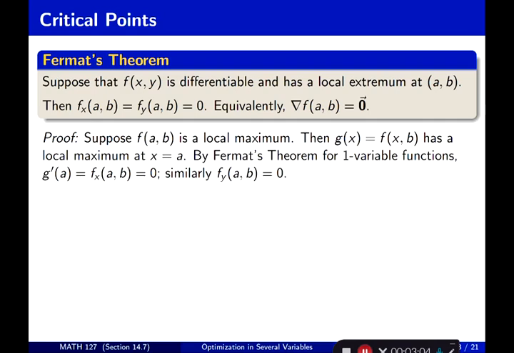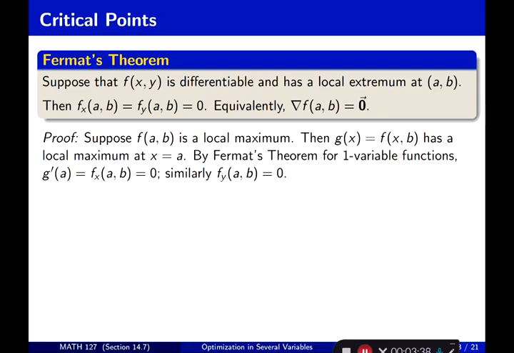Then the partial of f with respect to x at a and b is equal to the partial of f with respect to y at a and b, equal to 0. Equivalently, the gradient of f at a and b is equal to the 0 vector. So from now on, whenever I'm looking for local min or local max, I have to remember to set the gradient equal to the 0 vector and solve, basically.